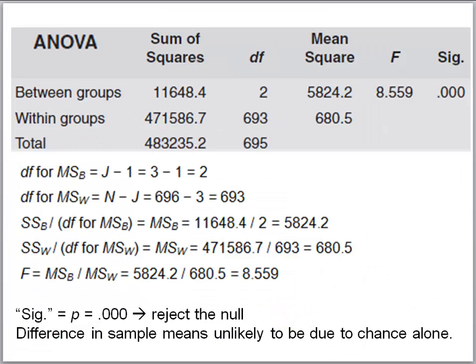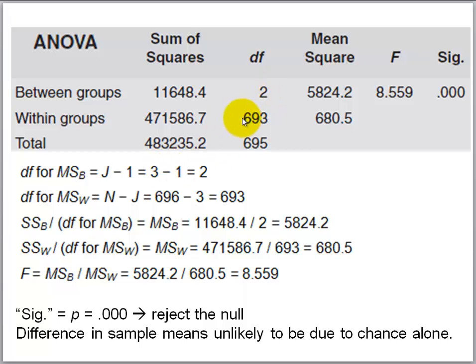Well, the table at the top of this slide is termed an ANOVA table. And let's see where some of the different terms on the ANOVA table come from. Here's degrees of freedom for the mean square between, and it equals j minus 1, 3 groups minus 1, 2 degrees of freedom.